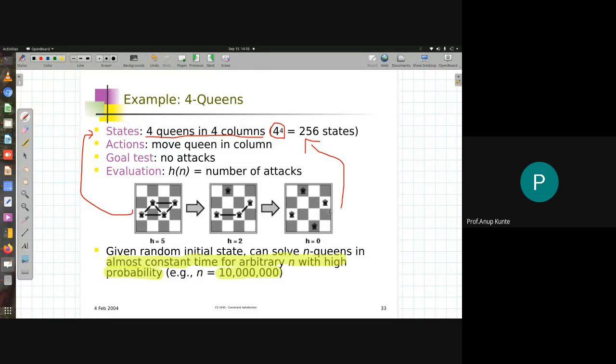That's the issue, and that is what we will try to understand when we relook at the solution of the 4 queens problem, or n queens problem in general, using the CSP way of solving. I wanted to put this in front of you so that you recollect what an n queens problem and a 4 queens problem is.